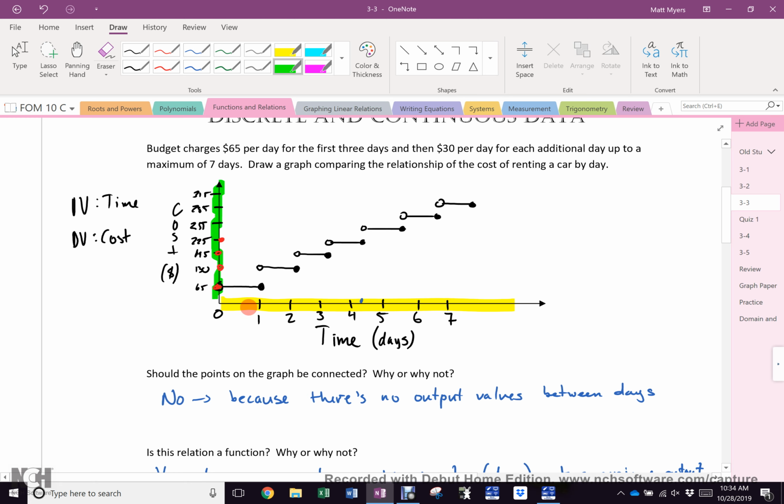Since time is measured, it's continuous, yes? Now let me ask you this. If I choose any value from 0 to 7, can you tell me an output? Yes. You can, can't you? 5.3 days. Do you know how much it's going to cost me to rent the car? I go up to 5.3, I go up, and I know, yes? So there is a continuous output for every input, yeah? Yeah. Okay.